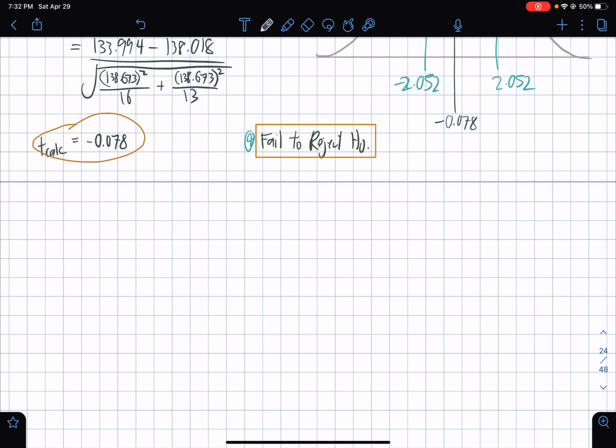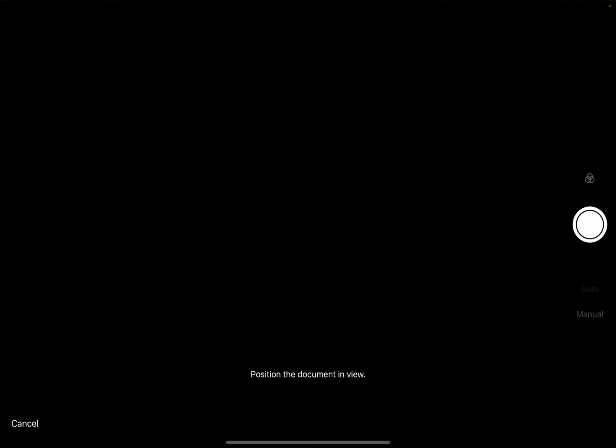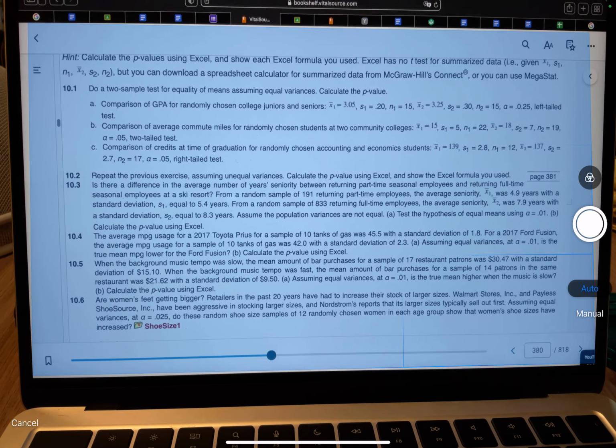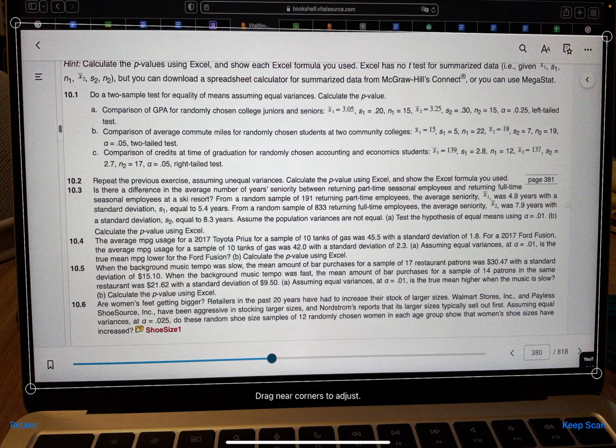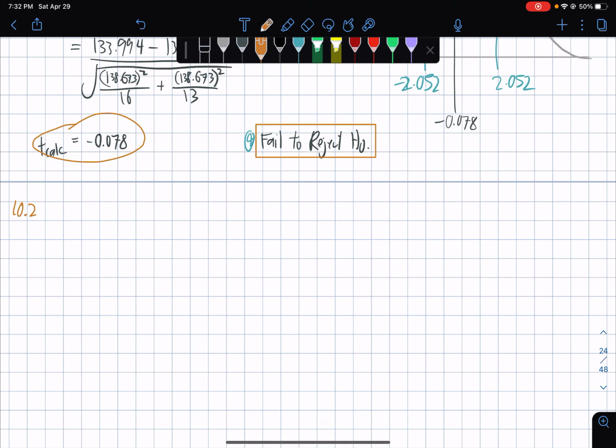Let's start with, no, we'll start with 10.2. 10.1, we can't because, not exactly obviously, but our teacher told us that calculating the p-value isn't part of our syllabus.